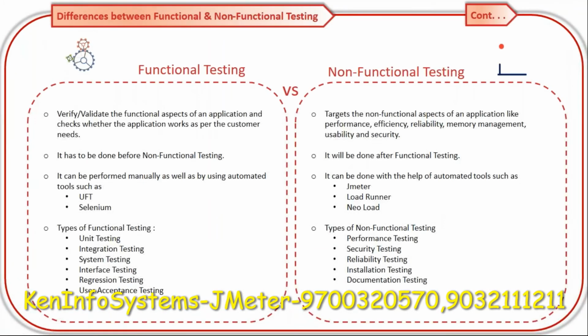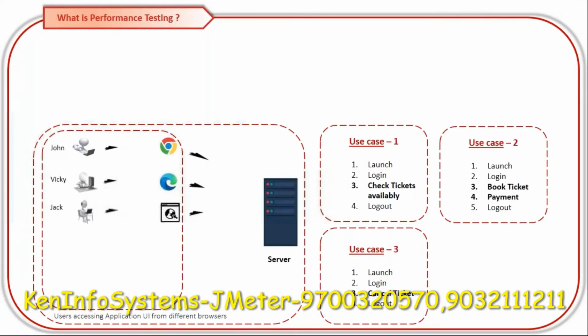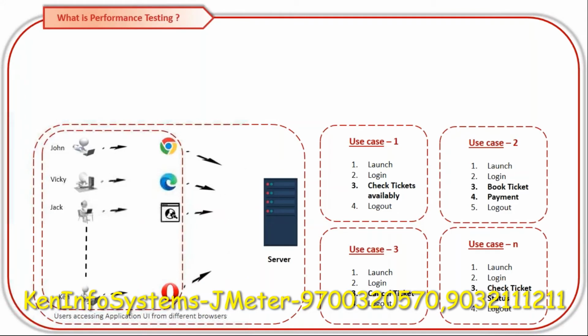Let me take you to another example. There are 4 persons: John, Vicky, Jack, and Ken. John is performing ticket availability, so he is using the ticket availability functionality.